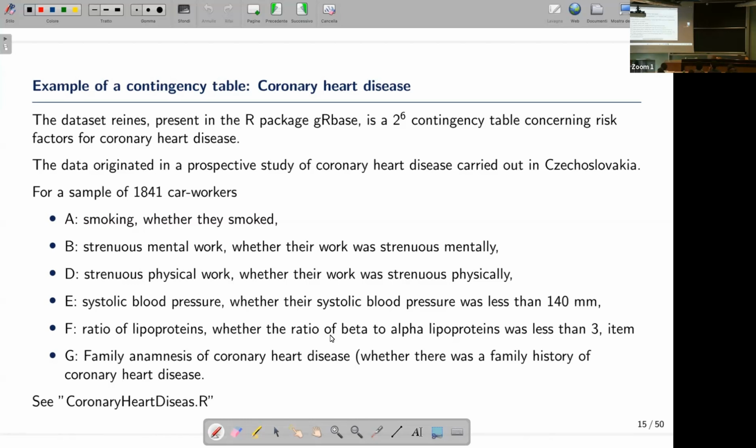You have these variables: smoking, strenuous mental work, strenuous physical work, systolic blood pressure, ratio of lipoproteins, and whether you have a family history of coronary heart disease. So you have all these variables, and then you want to model this. Again, what do you do? You can do a Bayesian network now, or you can use a log linear model, right?